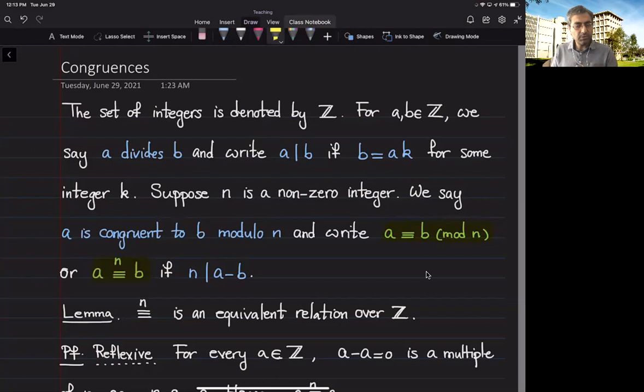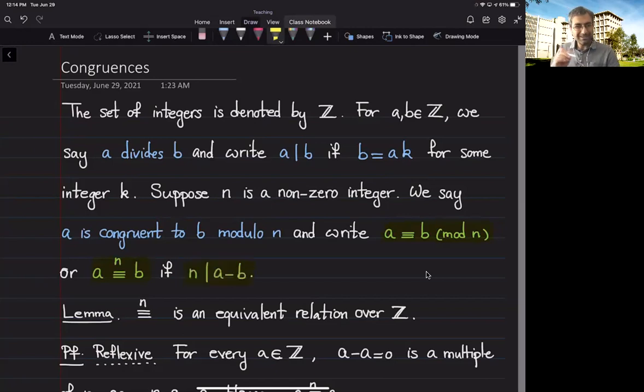This point of view gives more indication of equality of a and b through the angle of mod n. So we write it like this if a minus b is a multiple of n.